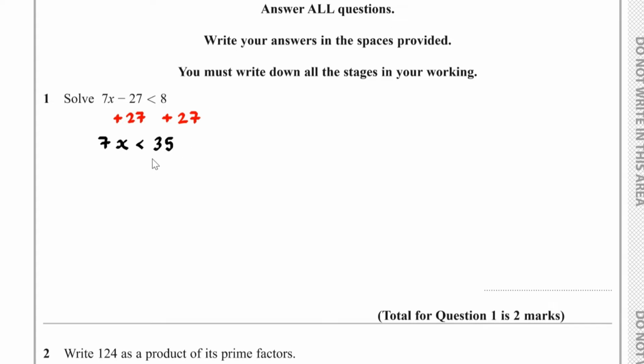And at this point, if we divide both sides by 7, 7x divided by 7 will simplify to x, and this is less than 35 divided by 7, which is 5. X is less than 5.